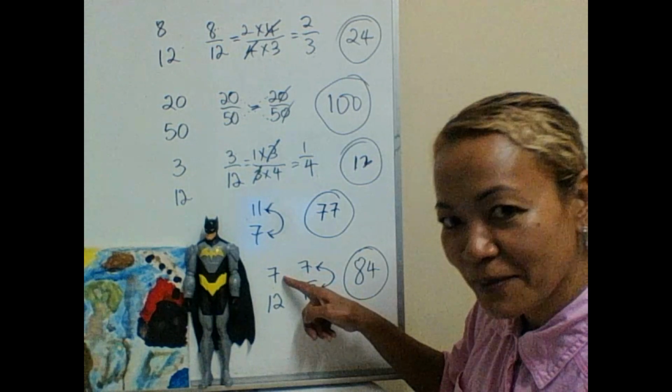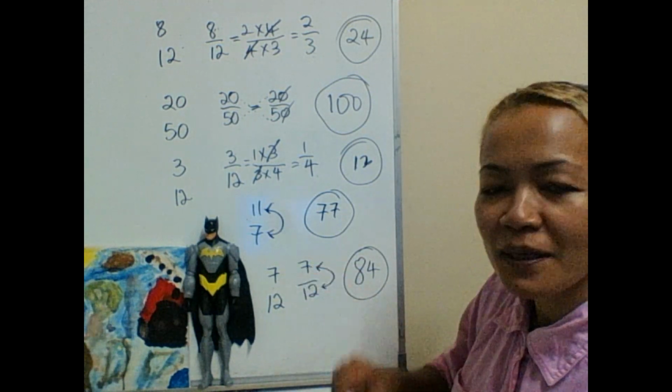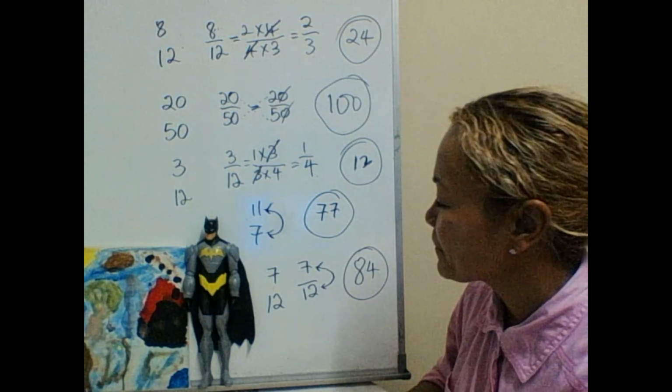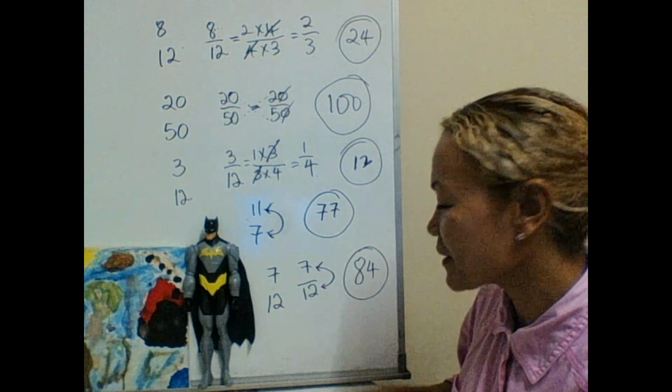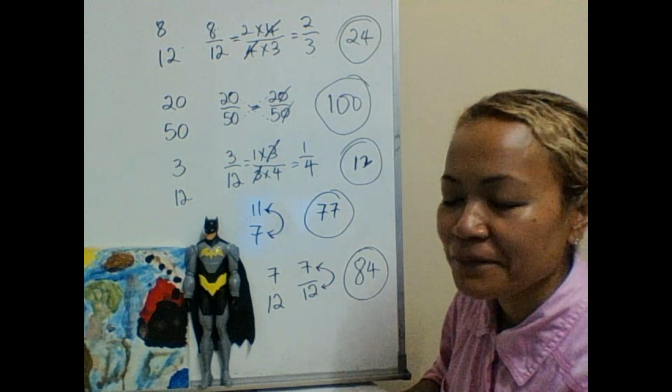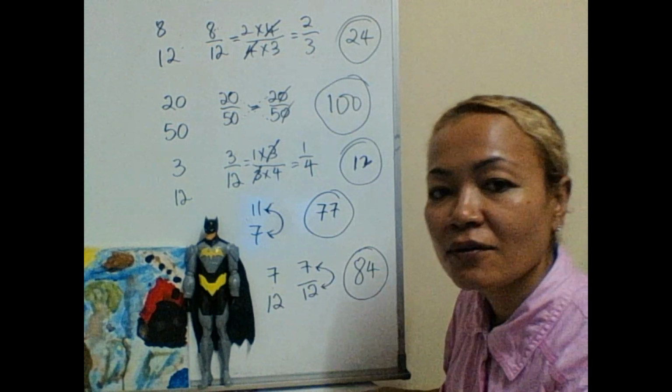If one number is a prime number, and the other number is not a prime number, but it's also not a multiple of the prime number, then again, just like when you have two prime numbers, you just multiply one with the other, and that would be your lowest common multiple.